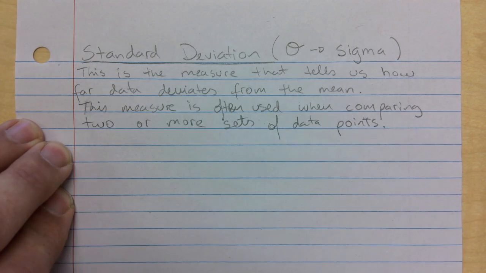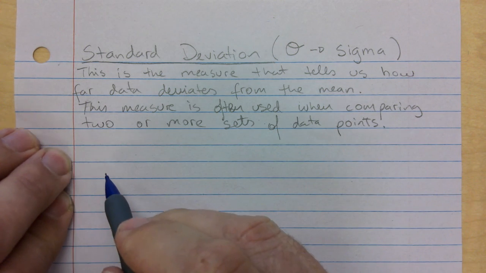So it's basically going to tell us, standard deviation, which we're going to calculate, if the data is spread out or if it's closer together. If it's spread out, it means it's inconsistent. If it's smaller, data is more consistent.